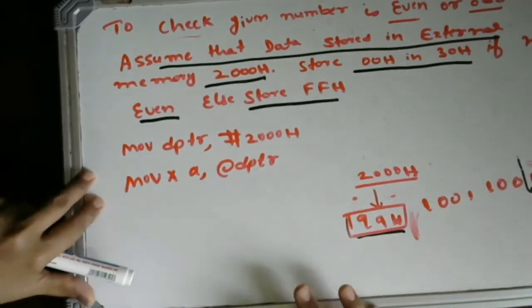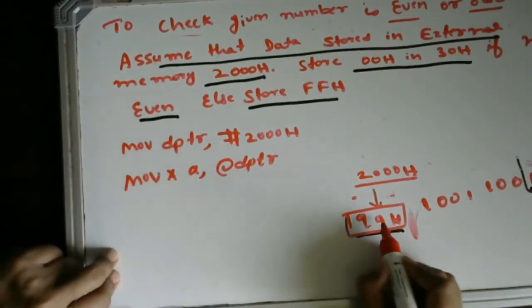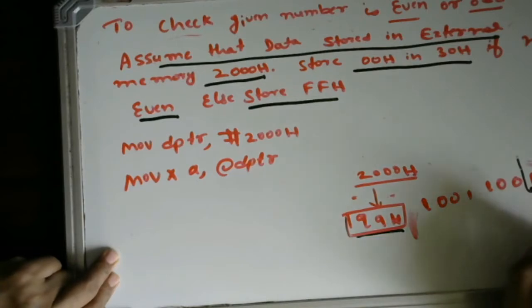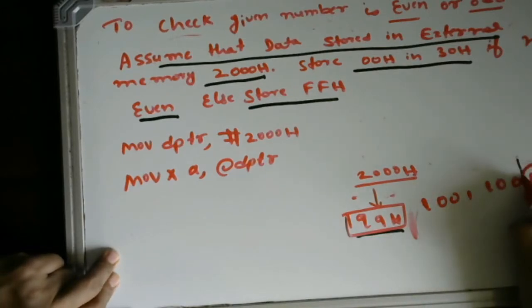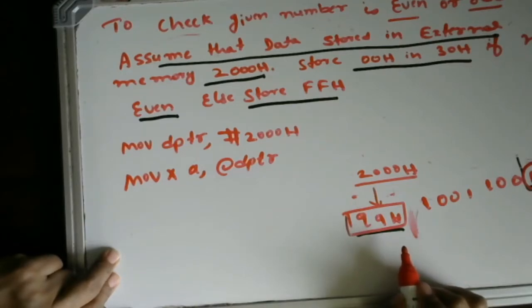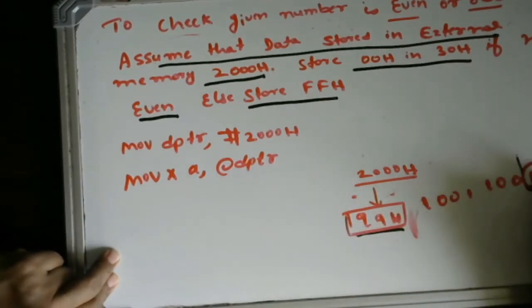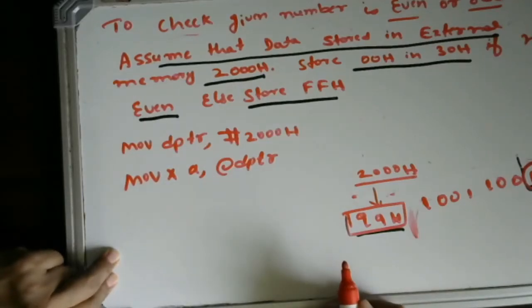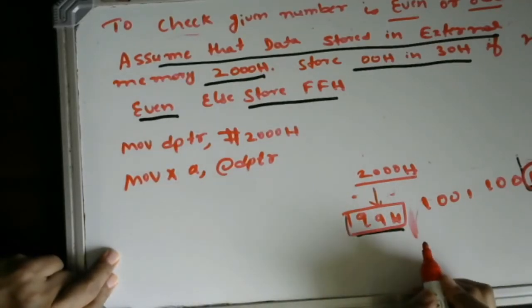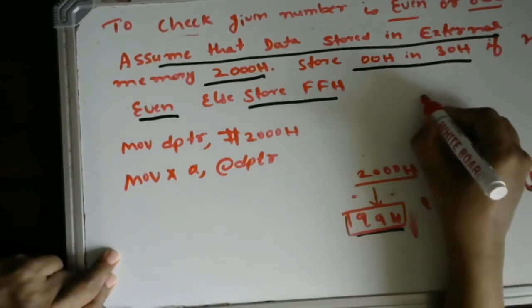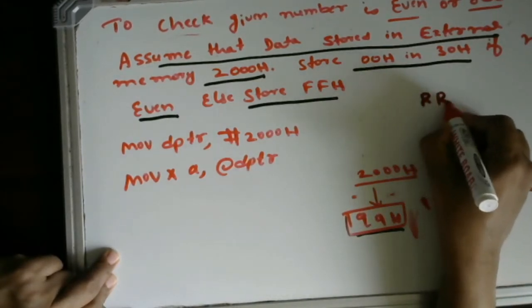Now A actually has 99H. But now we need to verify only one bit of this 99H, so we need to copy this bit somewhere else. For that we can use the rotate instruction, that is RRC.